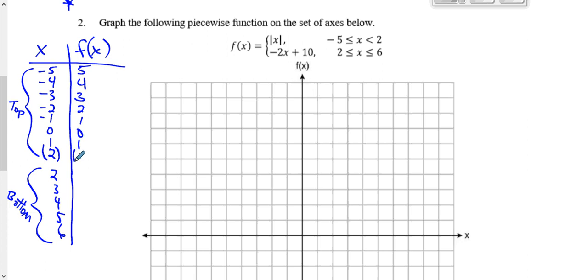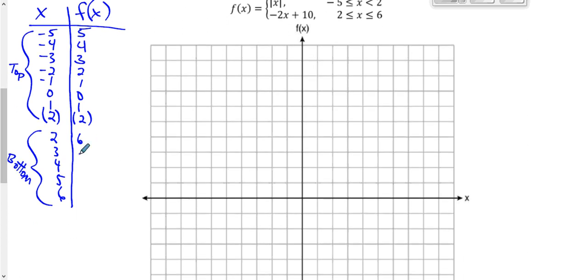And that'll also be 2, right? But that's going to be my open circle. Now if I put 2 in here, that's -4 plus 10, which is 6. And that would be -6 plus 10, which is 4. Negative 8 plus 10, which is 2. Negative 10 plus 10, 0. Negative 12 plus 10, negative 2.